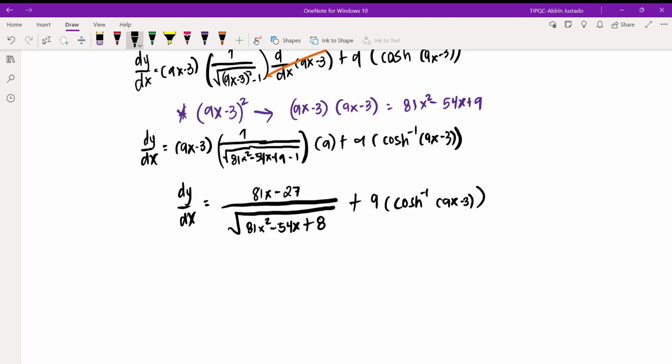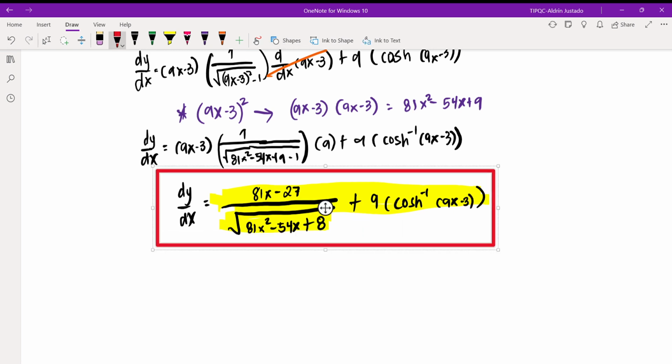This is my final answer. Okay. Sorry. I'm going to use this shade. And then, okay, we're done with module 5.